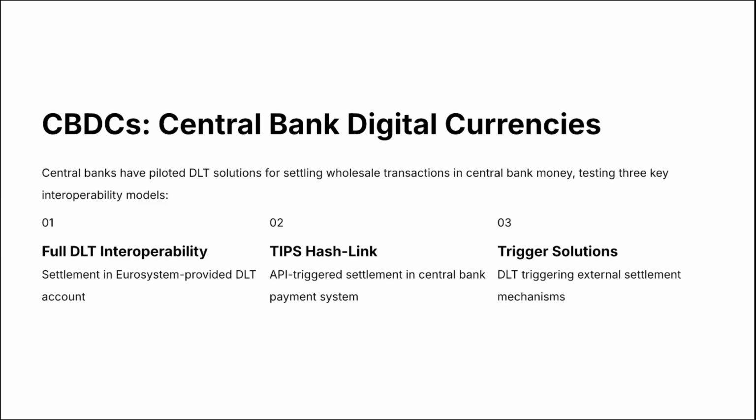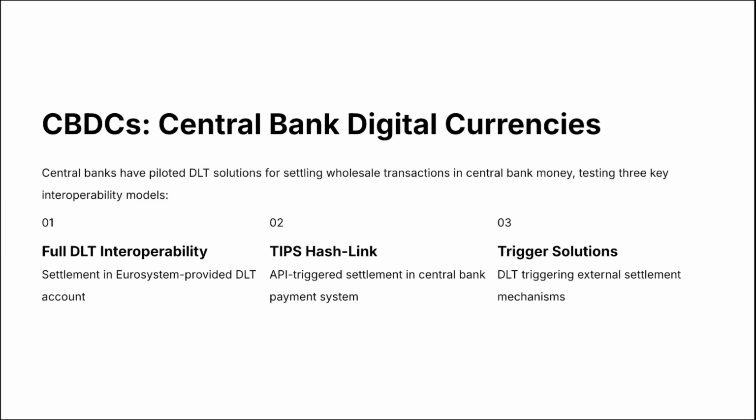So we have full DLT interoperability. In this model, central bank money is natively issued and settled on a DLT platform, which means institutions can hold and transfer funds within a blockchain-based environment. This offers end-to-end automation and atomic settlement, but requires major changes to existing infrastructure.